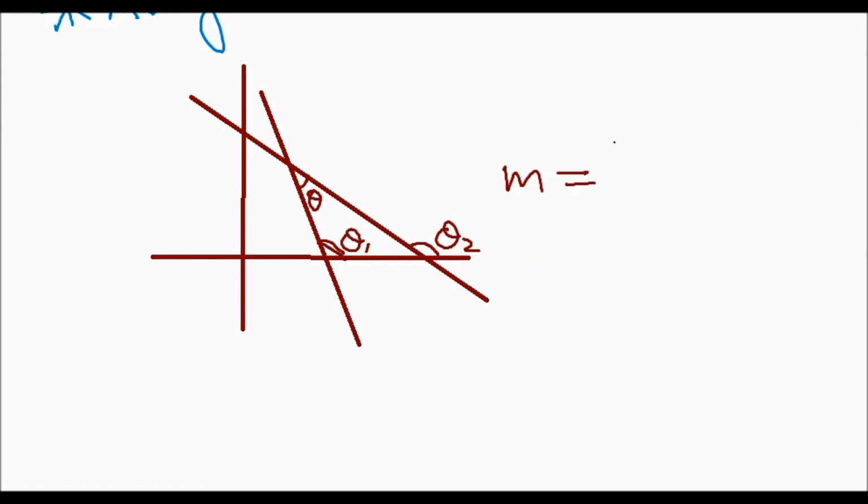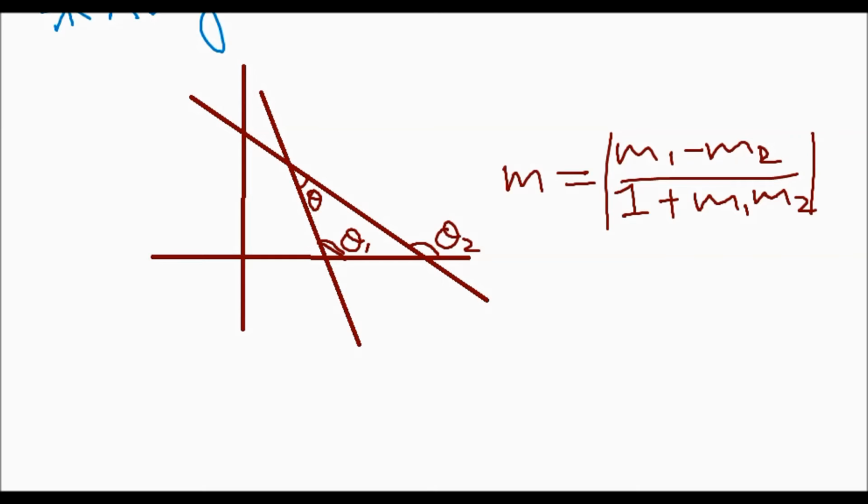tan theta is equal to m1 minus m2 by 1 plus m1 m2, within the absolute value. It is between the absolute value because if it comes out negative, we just have to make it positive.